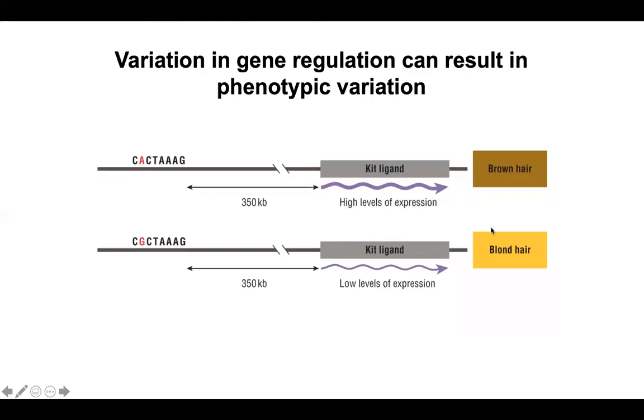In certain populations, the difference between somebody having brown versus blonde hair is actually caused by a nucleotide substitution in a regulatory region, in the cis regulatory module, about 350,000 base pairs upstream of a gene called KIT ligand. And this cis regulatory sequence results in a higher level of expression for KIT ligand, and this sequence results in lower expression of KIT ligand.